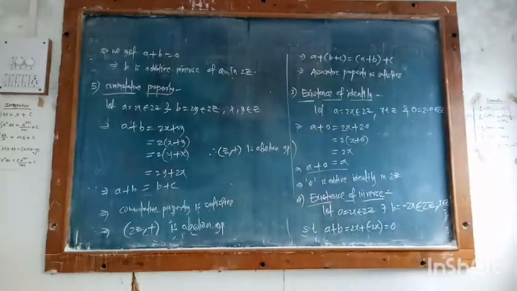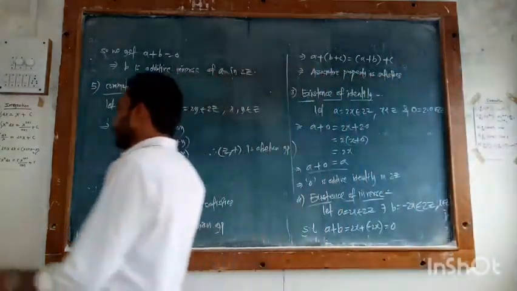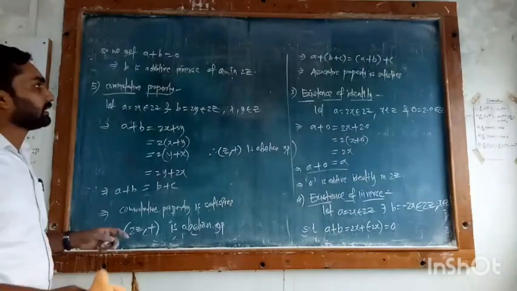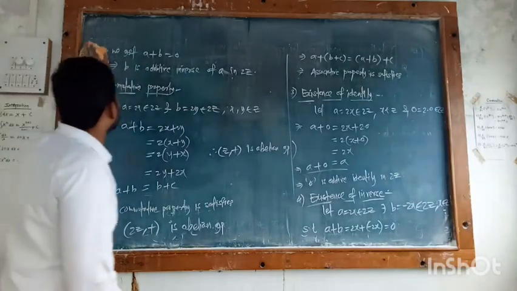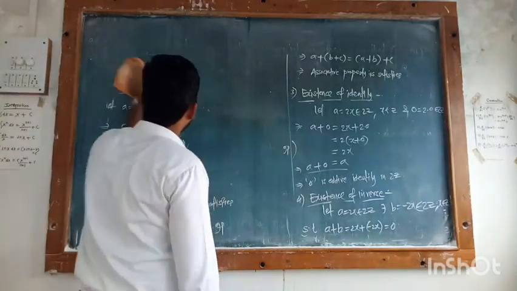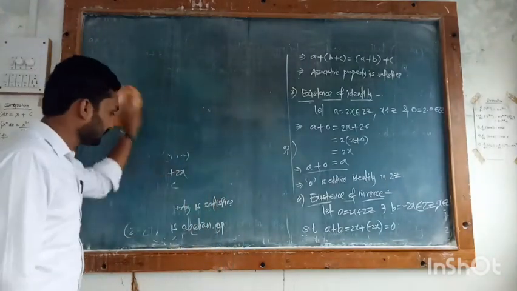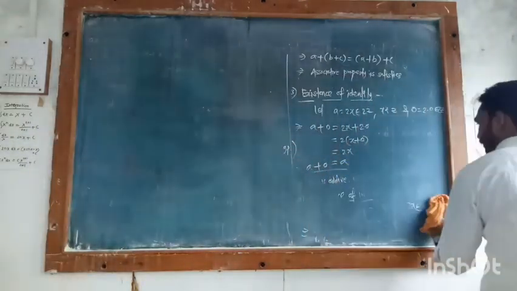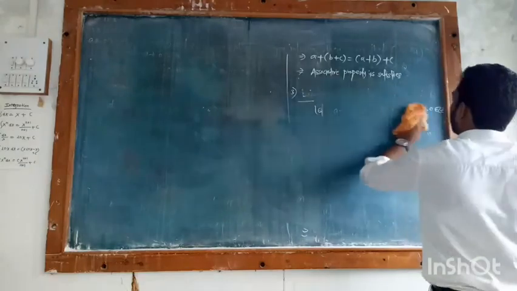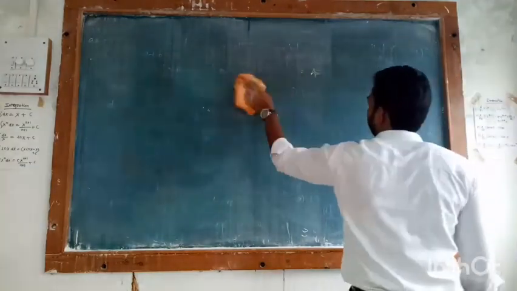Okay, it is proved. Similarly, we can take 3Z is also abelian group, 4Z is also abelian group. So by using this example, in general, nZ, where n is a natural number, is also abelian group with binary operation addition.